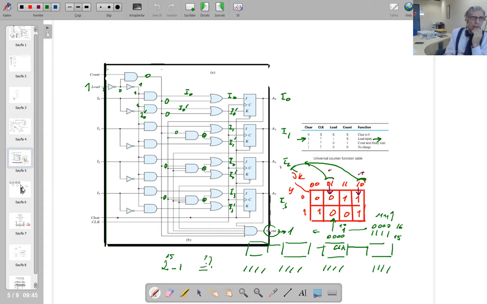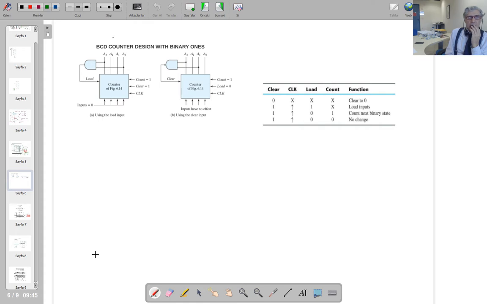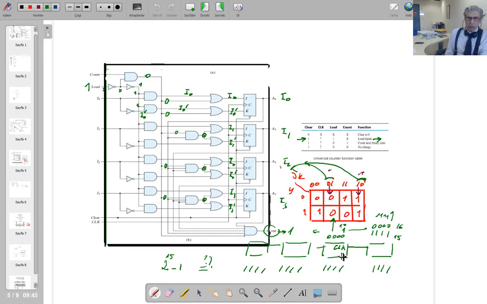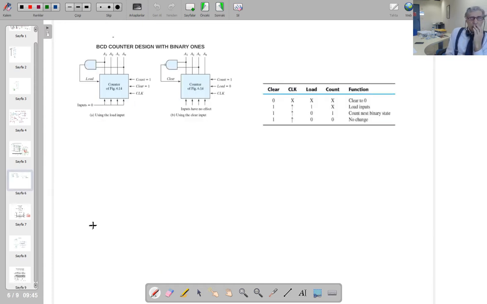The next one, the usage of these counters. One of them is, I said to you, you can use these MSI elements to increase your counting number. The other thing is the binary coded decimal. If you remember, in the asynchronous counters, we used binary coded decimal counters as well.